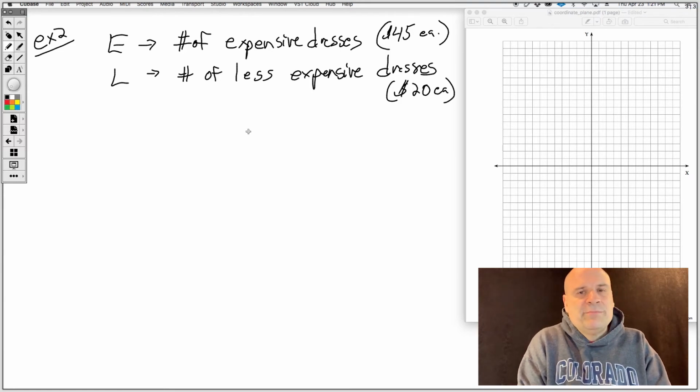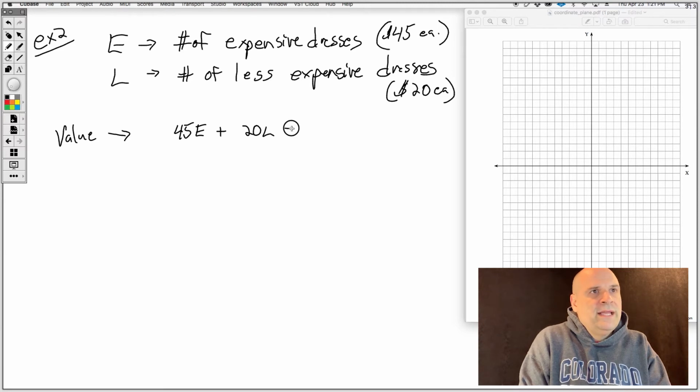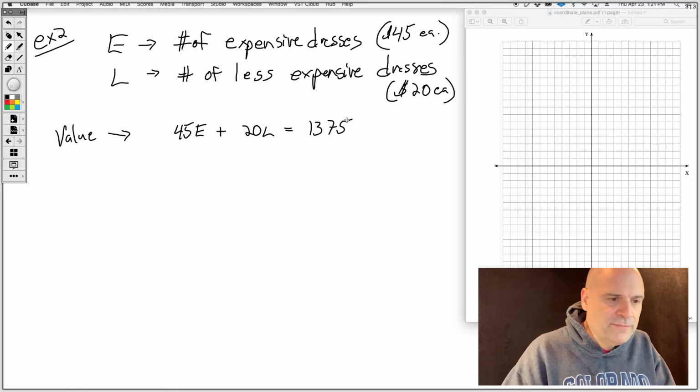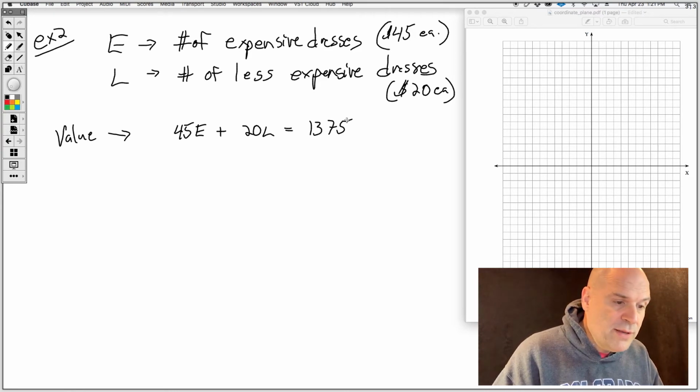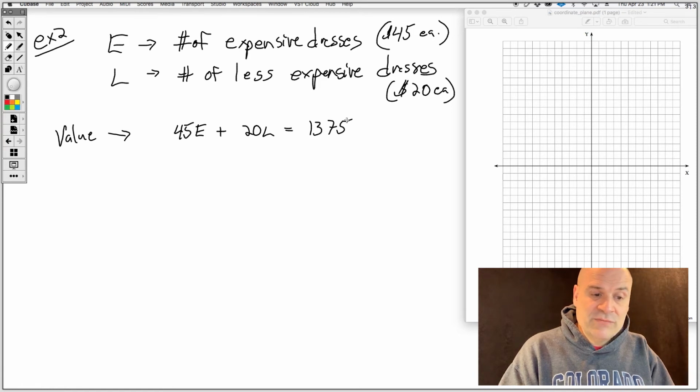So let's calculate the price of each. This is the value equation. We multiply the number of expensive dresses by 45, and we multiply the number of less expensive dresses by 20, and that has to equal $1,375. Here's what else it says. The shop took in and sold 20 more of the less expensive dresses than the more expensive dresses.